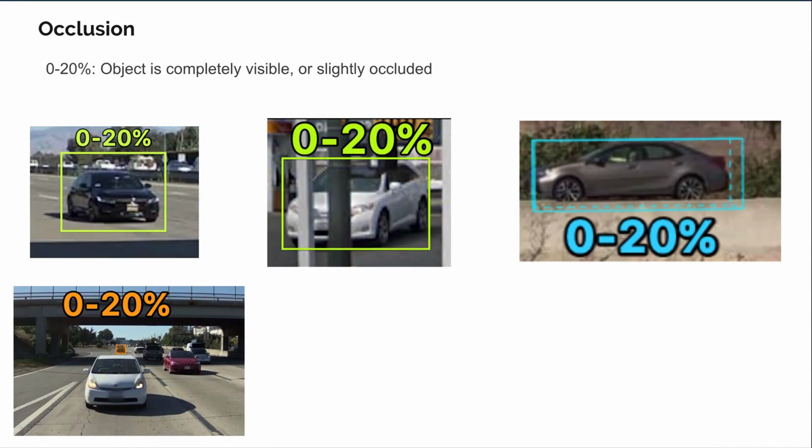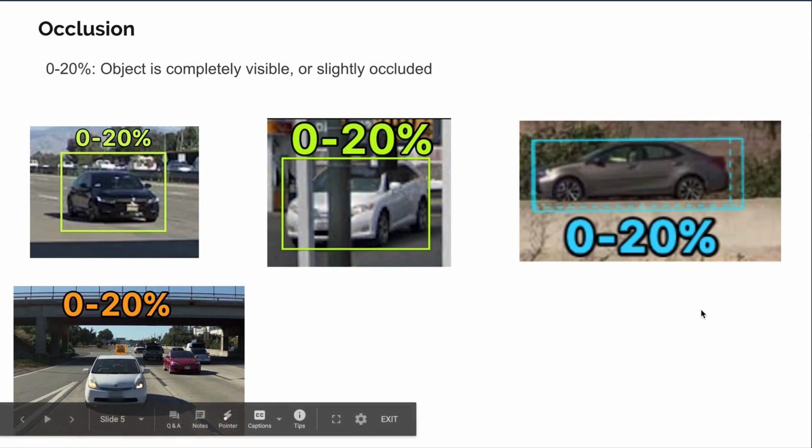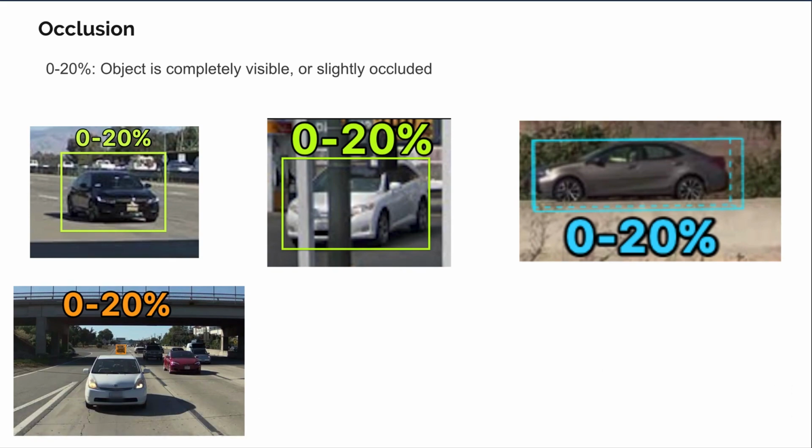Here are some more examples of occlusion at 0 to 20%. On all these examples, we have a vehicle, but actually, the only occlusion that we see is the white car that is behind some poles that are in front of it.